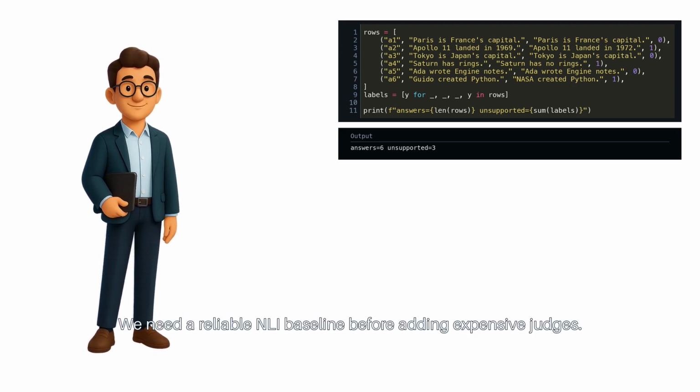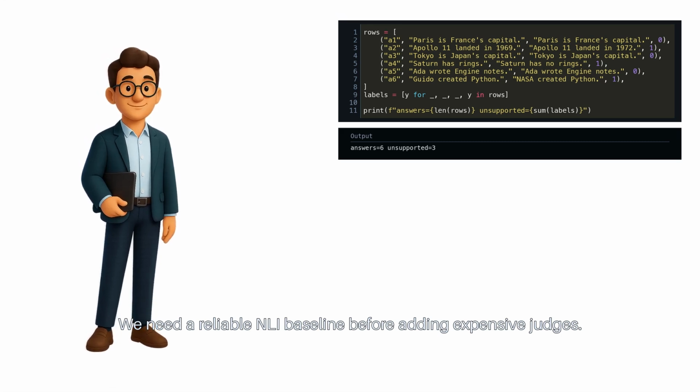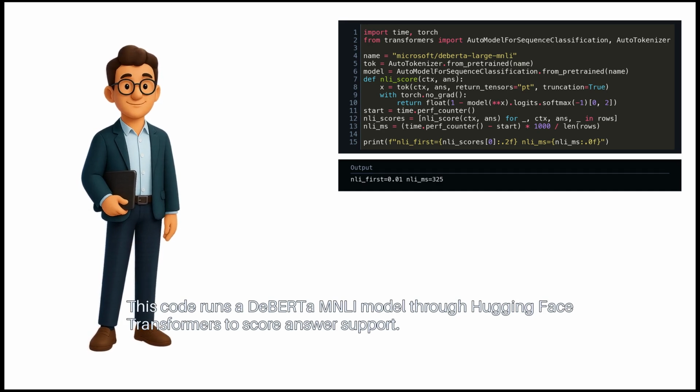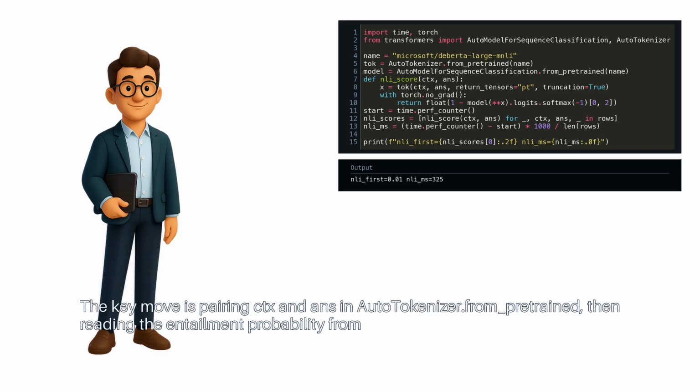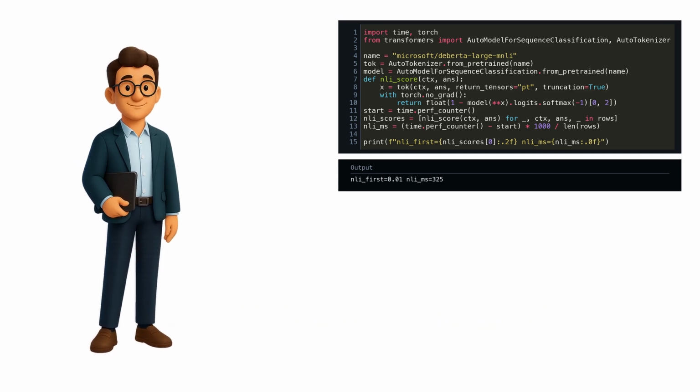We need a reliable NLI baseline before adding expensive judges. This code runs a DeBERTa MNLI model through Hugging Face transformers to score answer support. The key move is pairing context and answer in AutoTokenizer.from_pretrained, then reading the entailment probability from AutoModelForSequenceClassification.from_pretrained.